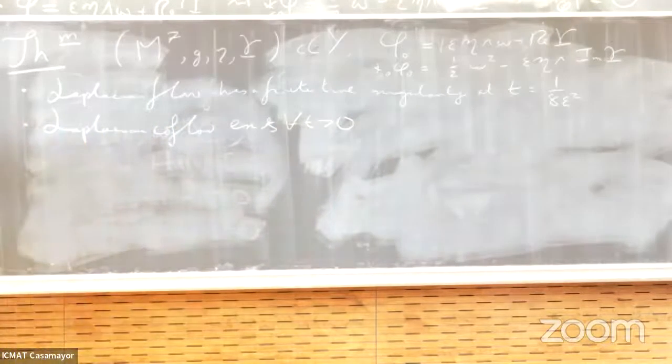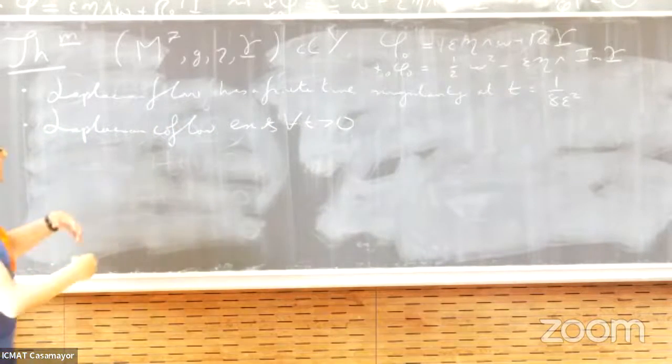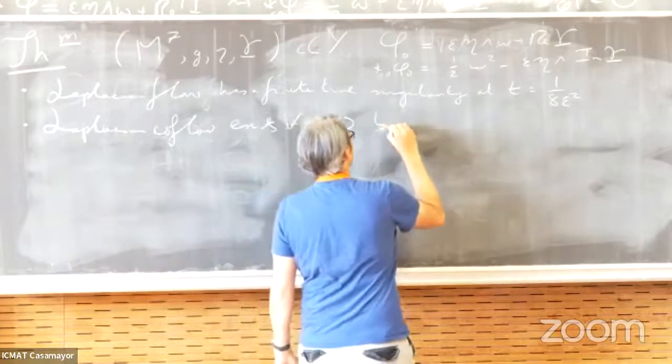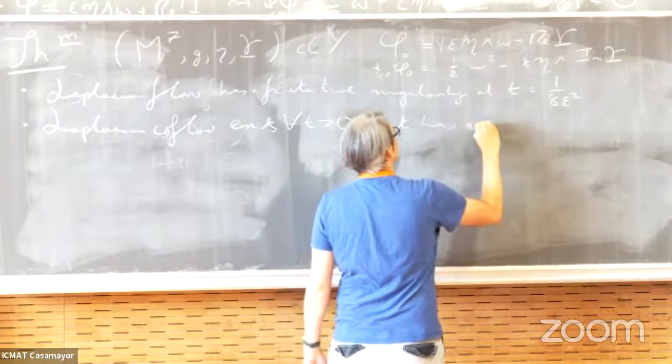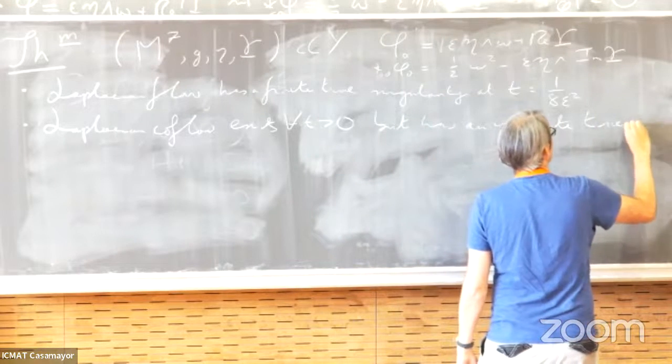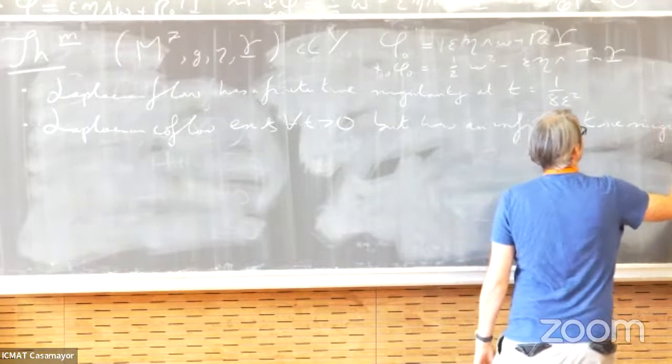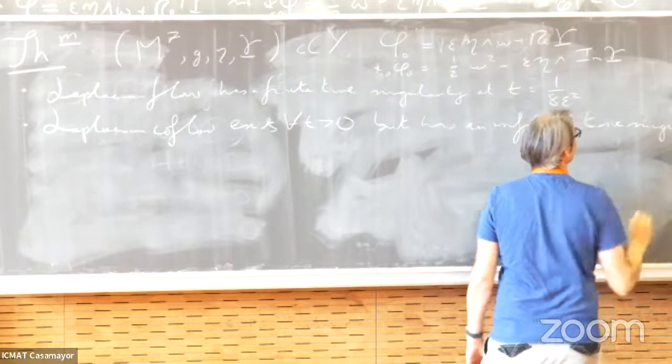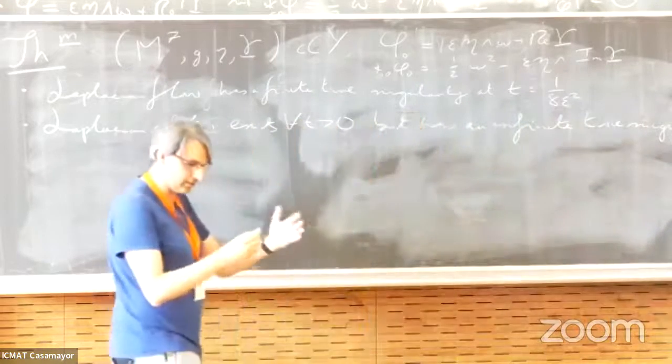That's different, right? It exists for all time, but has an infinite time singularity. Meaning it doesn't converge to some magic G2 manifold we never heard of before. It's not converging.